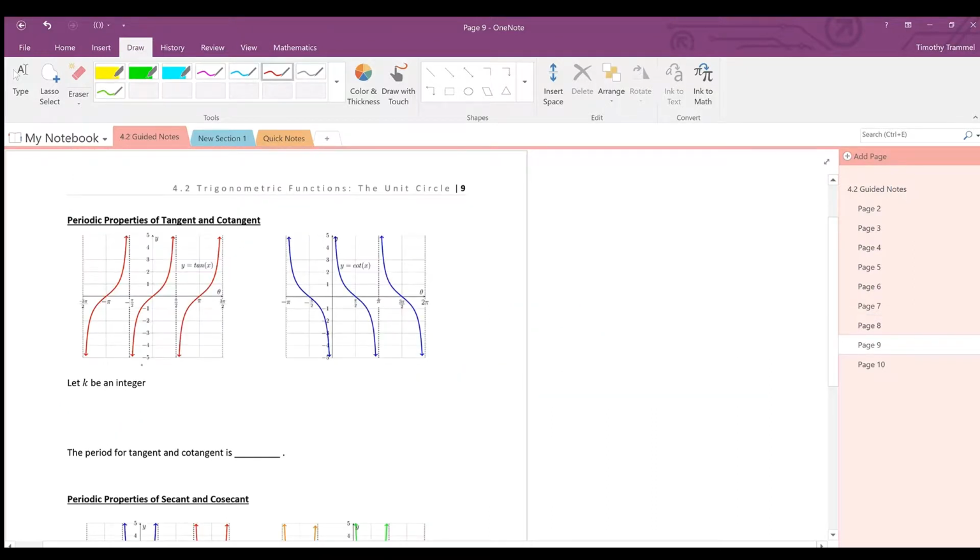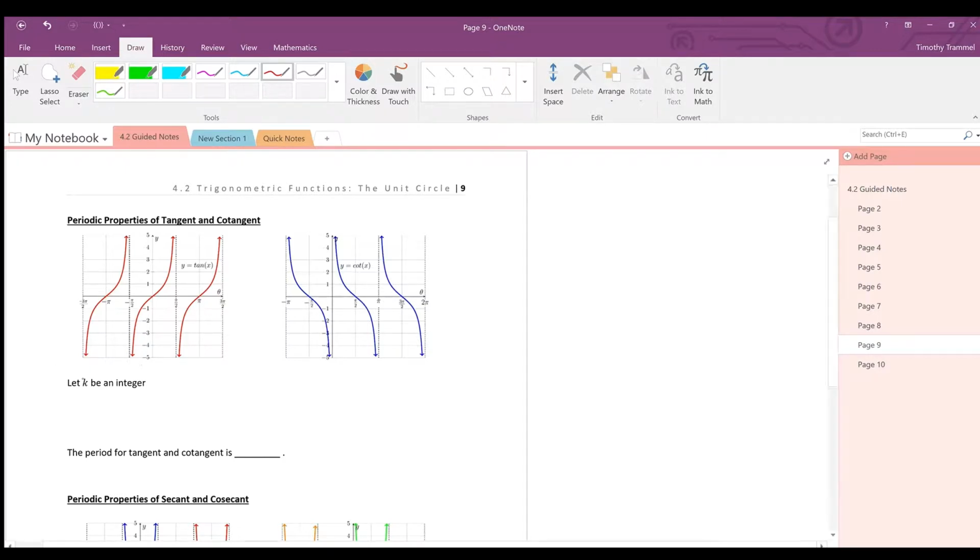Let's go ahead now and take a look at the periods of tangent and cotangent, and then secant and cosecant. Graphically, I want you to look and tell me how long it takes for tangent to repeat its pattern, and same for cotangent. And hopefully the number that you've come up with here is pi.